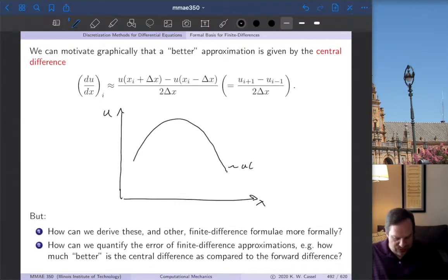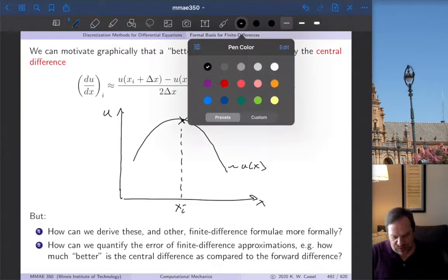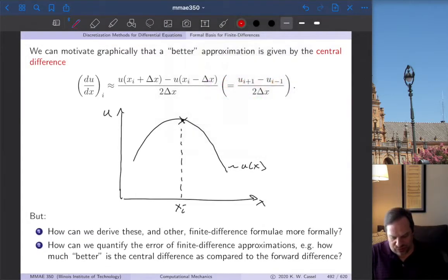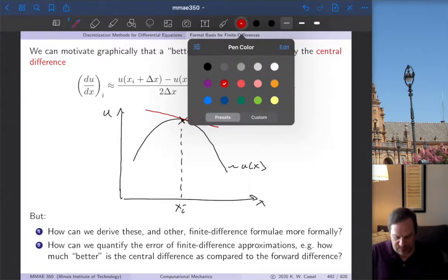Let's say we have a point right here, x sub i, where we would like the derivative. The derivative, I'll put in red here. As we know, the derivative is the slope through that point, so it's the tangent through that point, something like that.